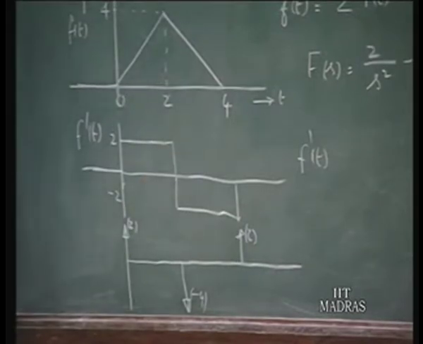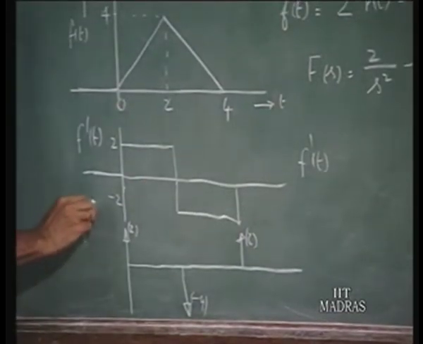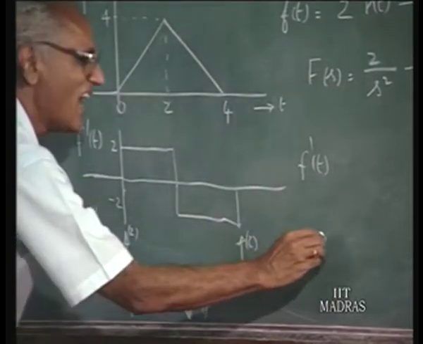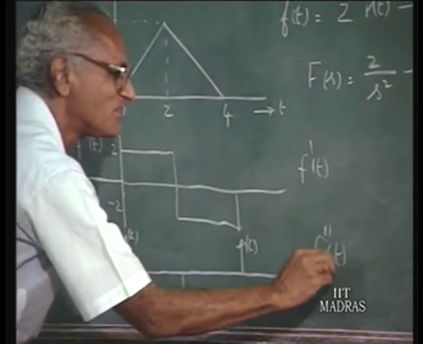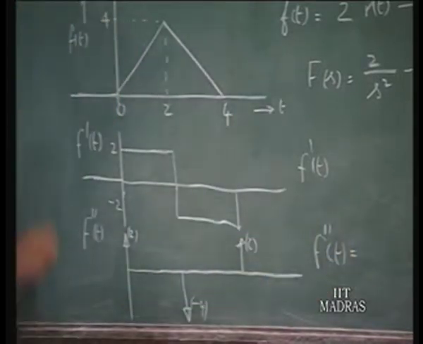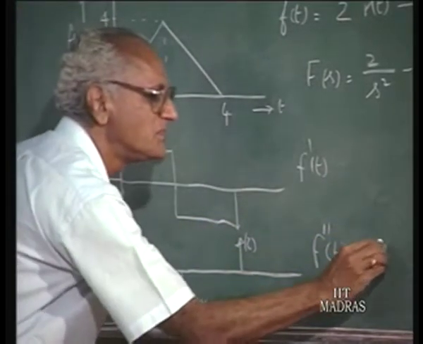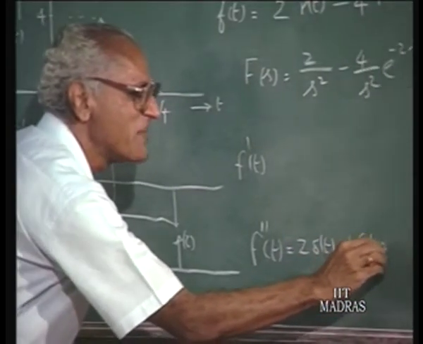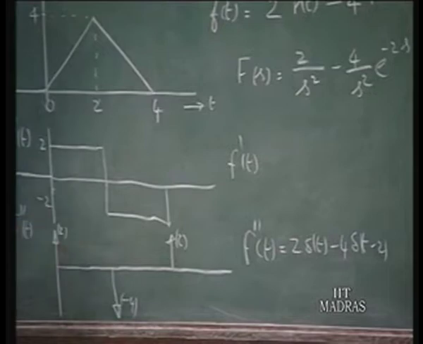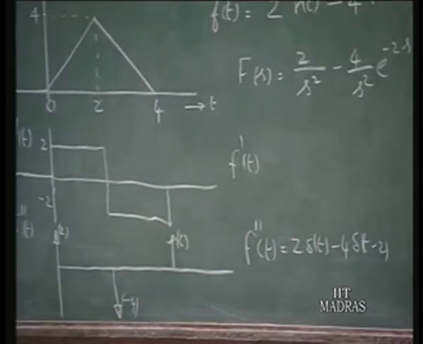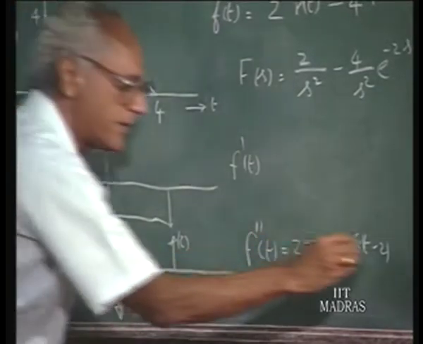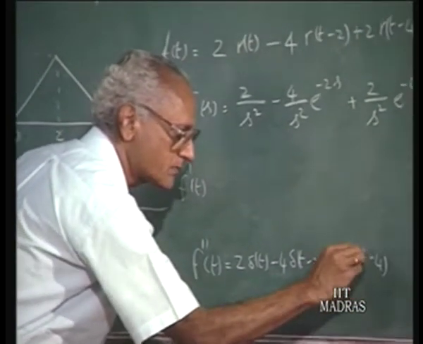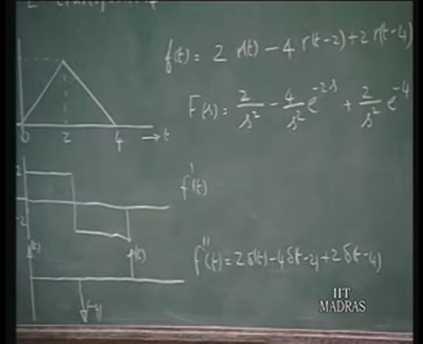So, you can write f double prime t, that is the second derivative of f, as 2 delta t minus 4 delta of t minus 2, because that is an impulse standing at t equals 2 seconds, plus another impulse function of 2 units at t equals 4. This is the second derivative of this.